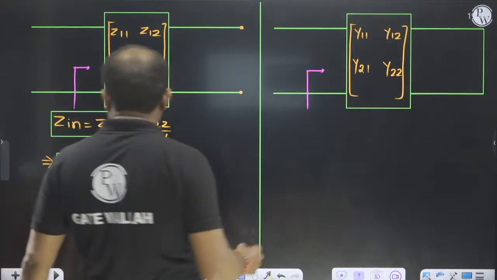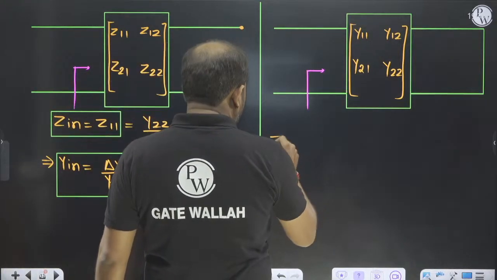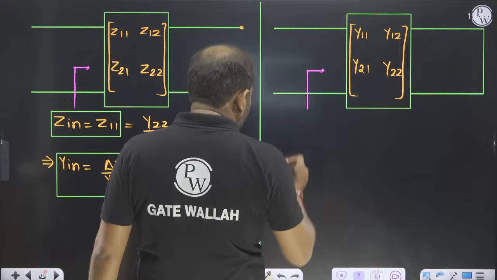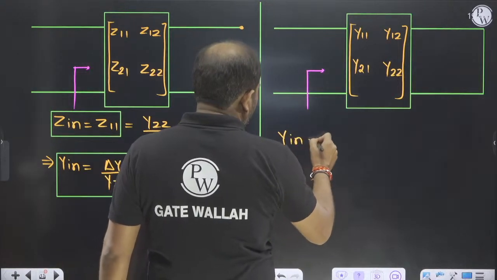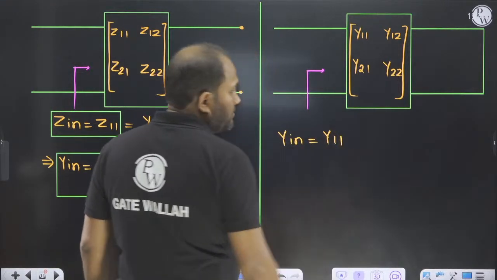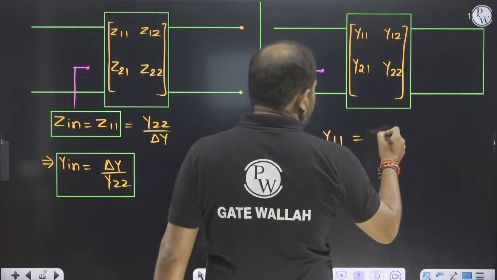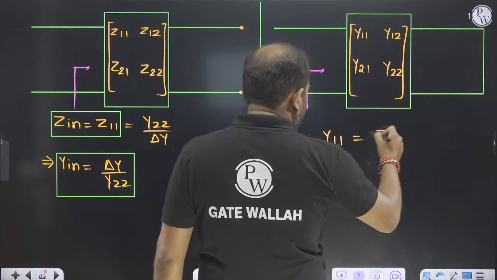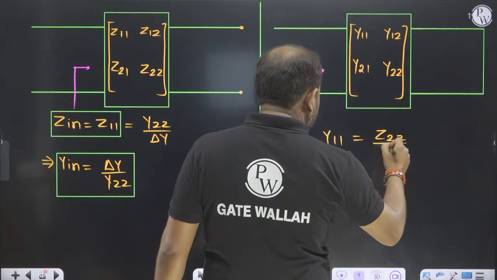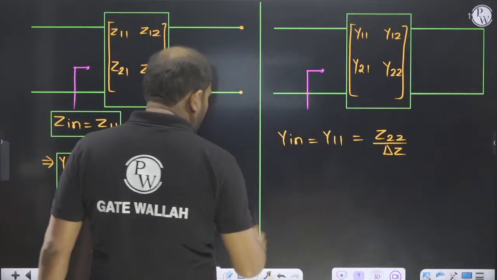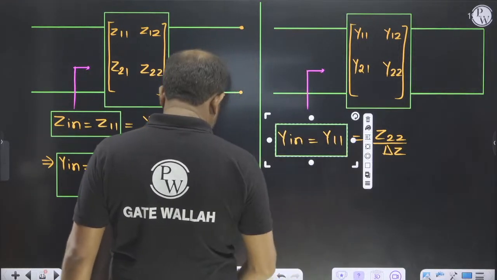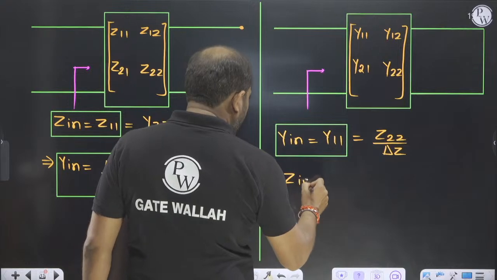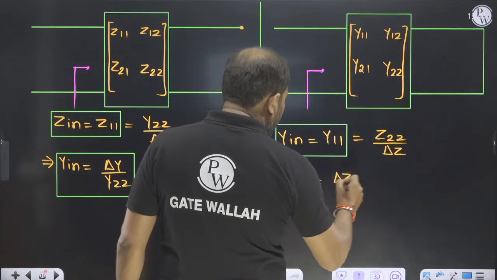In case of short circuit, Yin will be equal to Y11, and Zin will be written as delta Z upon Z22.